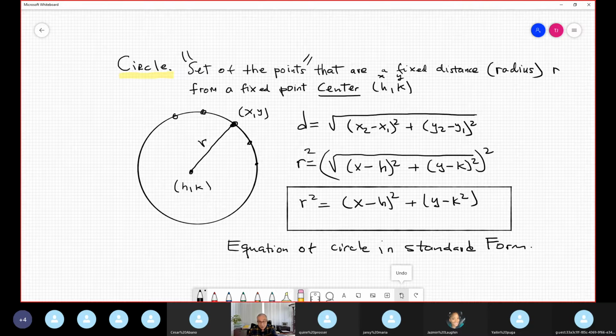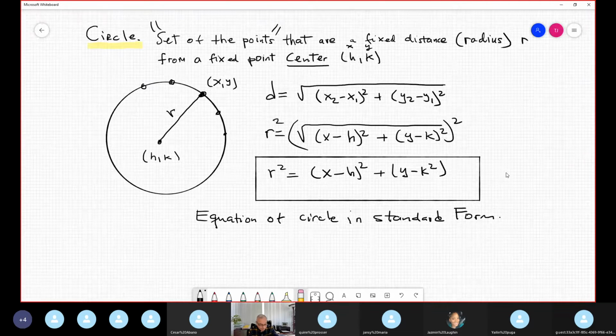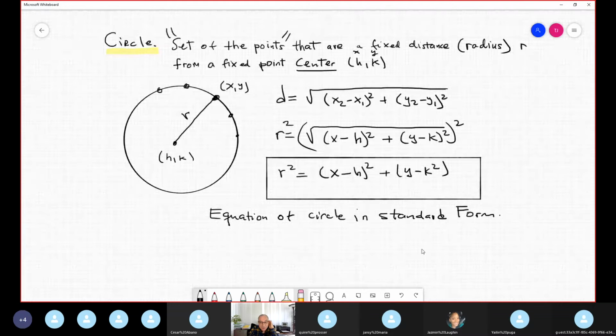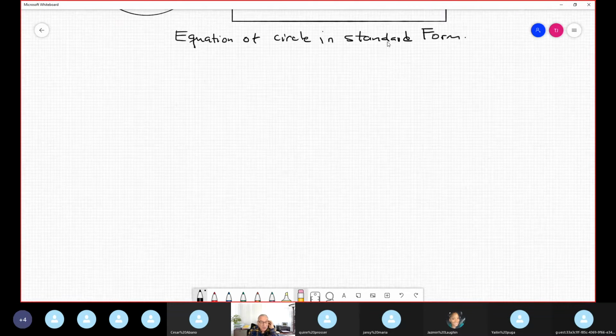This is not the only equation for the circle you have available. We have more, but this is the most important, the standard. Suppose one elementary example.